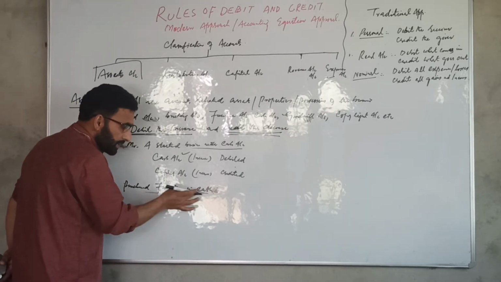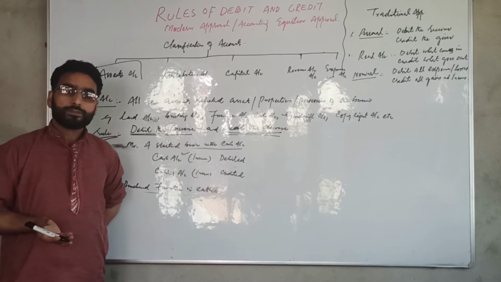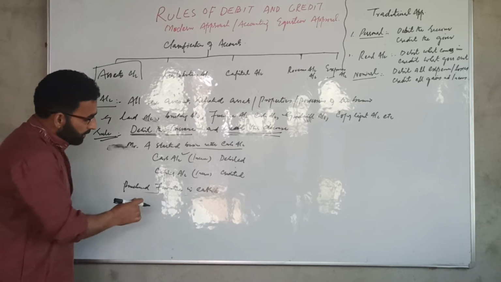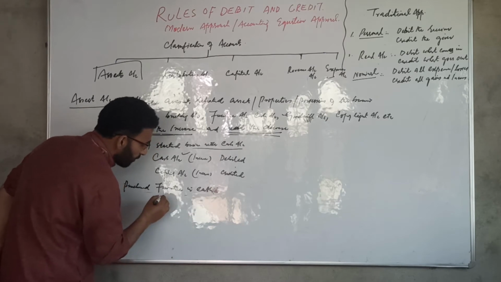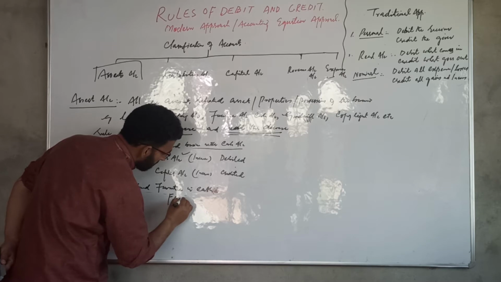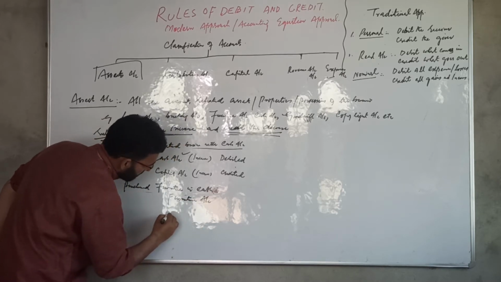When the furniture is purchased in cash, the business got furniture and the business lost cash. Both the accounts, furniture account and cash account, are assets accounts.